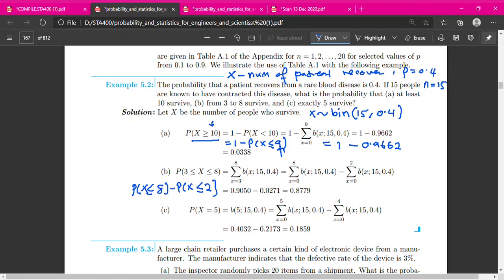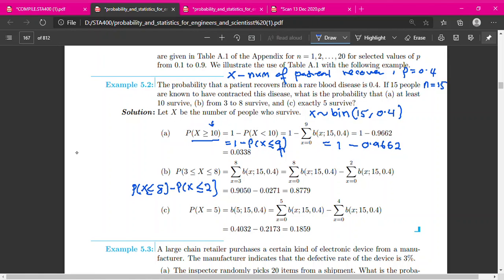Betul tak? Kita nak X di antara 3 dan 8. 8 termasuk, 3 pun termasuk. So, semua less than or equal to 8 minus dengan semua less than or equal to 2. So, tinggallah 3 sehingga 8.